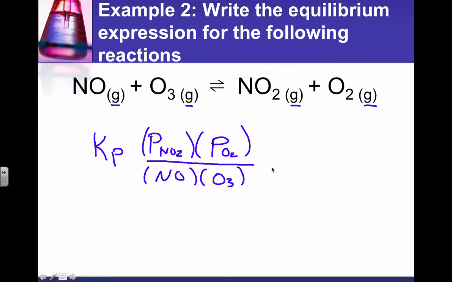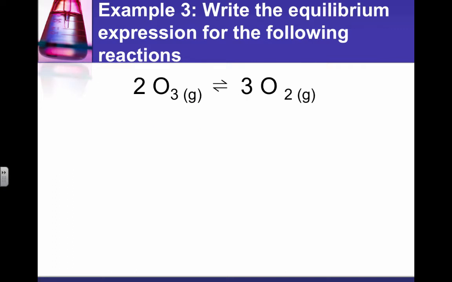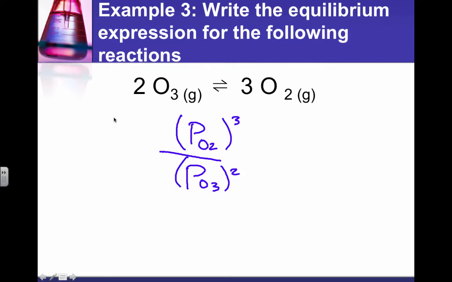This is one of those reactions that describes how nitrogen monoxide can destroy the ozone layer, and that reaction is pretty devastating for us. In example 3, the equilibrium expression would have the pressure of oxygen raised to the third power divided by the pressure of ozone raised to the second power. So there's the Kp expression.